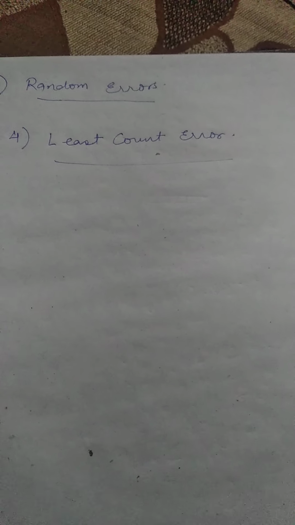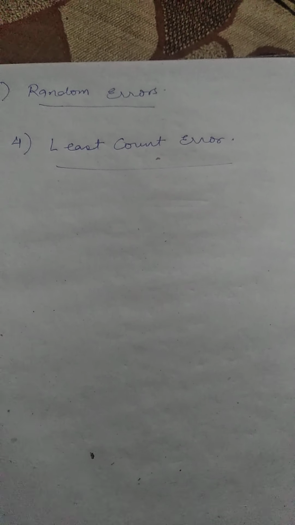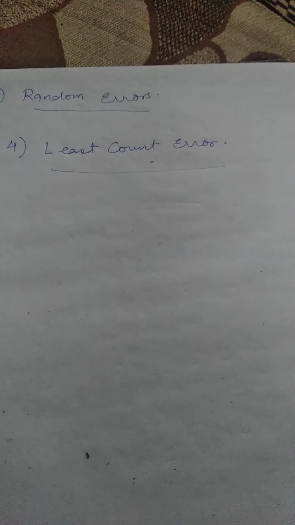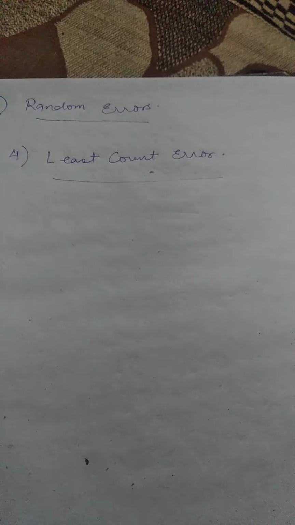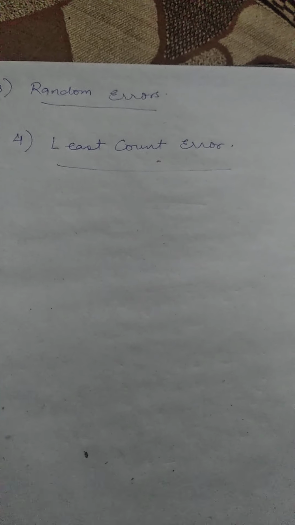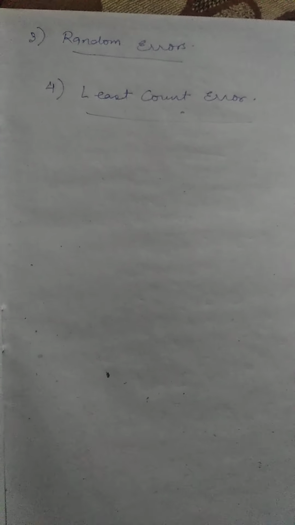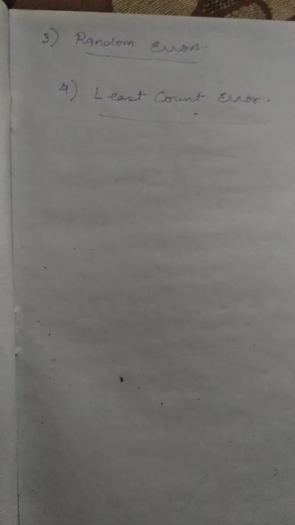If you have to read a length which is lesser than 1 millimeter, it will have some error. You will not have the accurate value. So that is called your least count error.